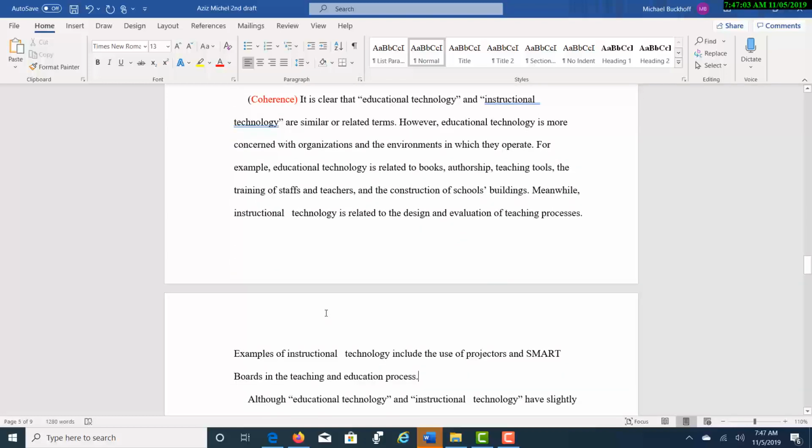For example, educational technology is related to books, authorship, teaching tools, training of staff and teachers. And staff is one of those collective nouns. We usually just say staff, and it's singular and plural. It's kind of a collective noun, refers to a whole bunch of people. Staff and teachers. And the construction of schools, buildings.